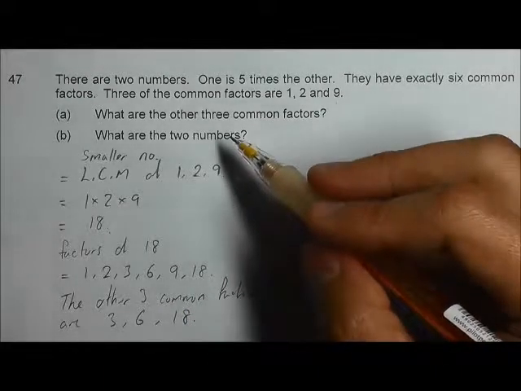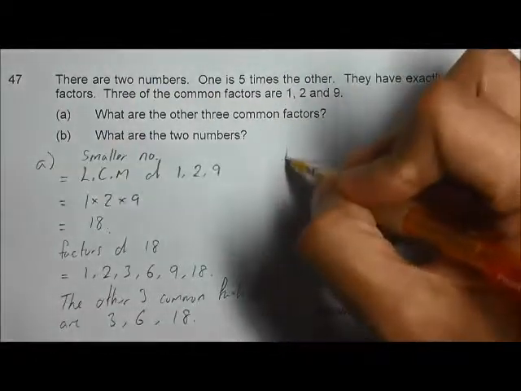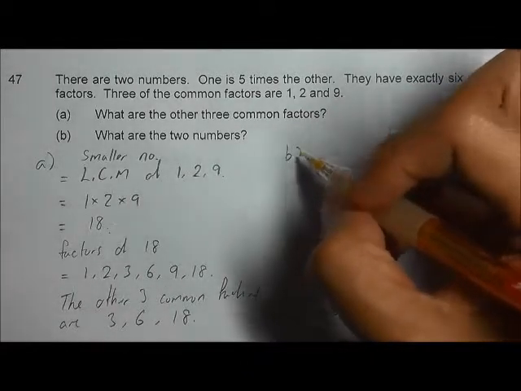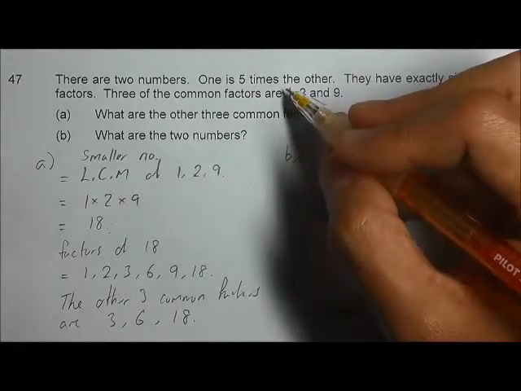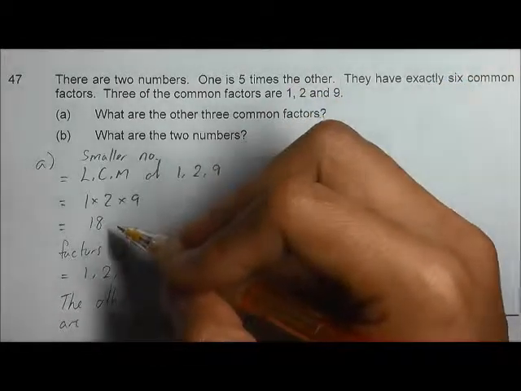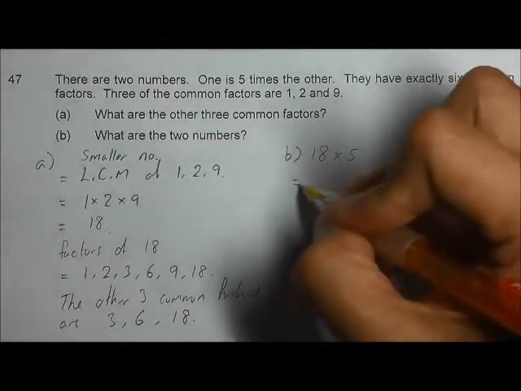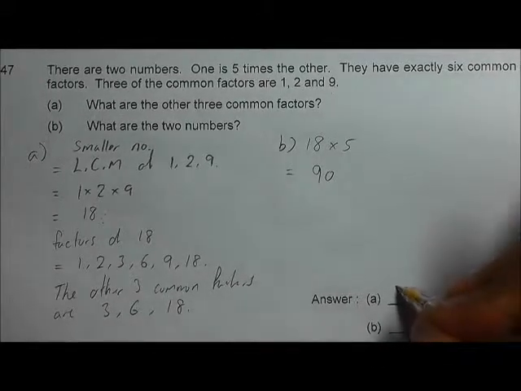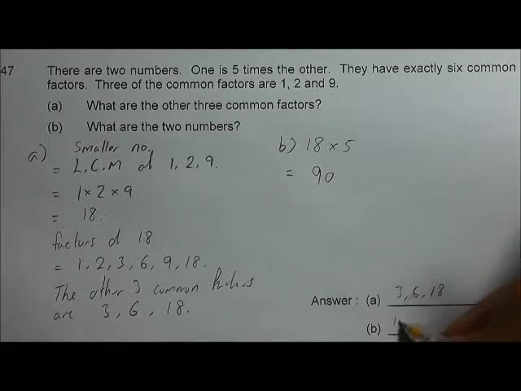And what are the two numbers? Since we have found the first number as 18, the second number is 5 times as many as the first. So it has to be 18 times 5, that will be 90. Okay, so the answer here is 3, 6, and 18 for A, and 18 and 90 for part B.